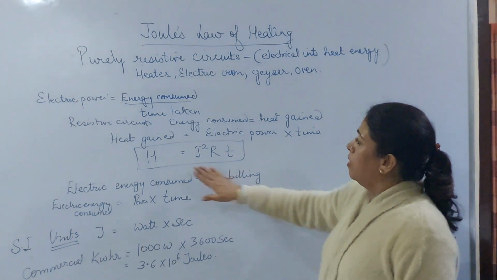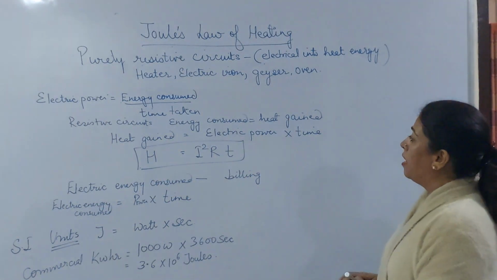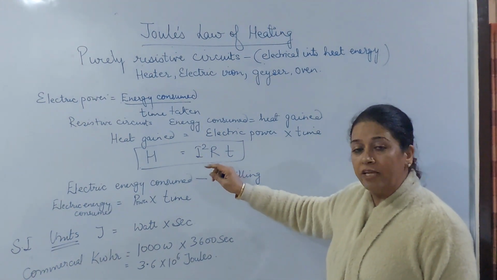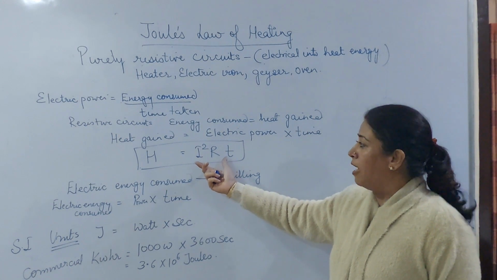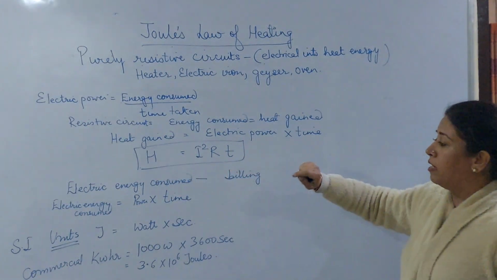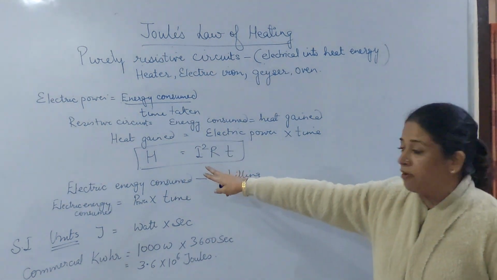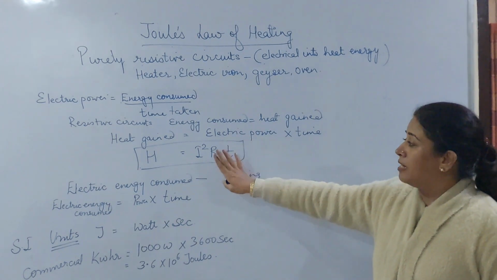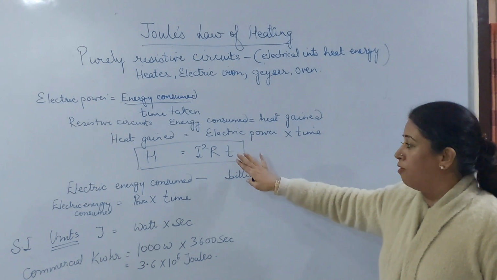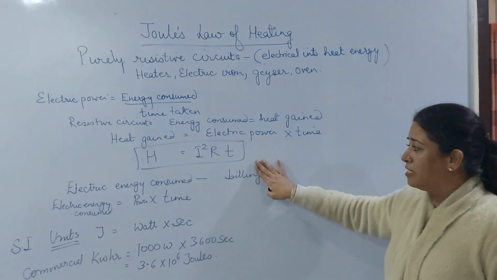And I've already taught you that P can also be written as I square R. So I'm putting the value of P as I square R, and in this expression, heat gained by the device is directly proportional to the square of current flowing through it. It is directly proportional to the resistance of the conductor and the time for the flow of current. This relationship is known as Joule's law of heating.